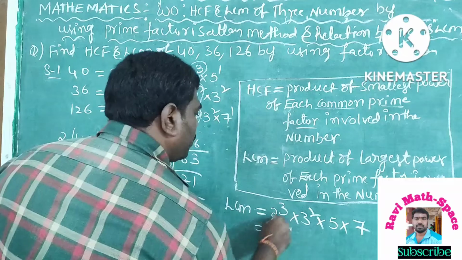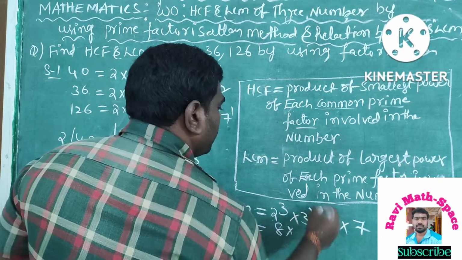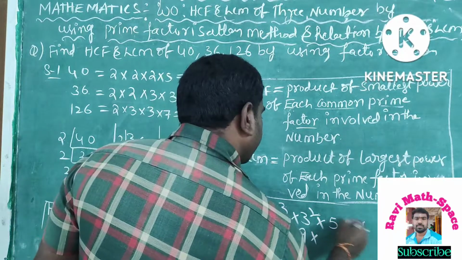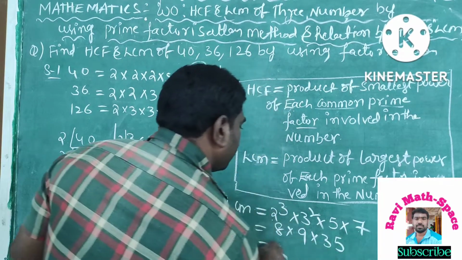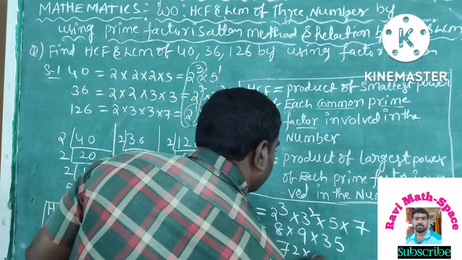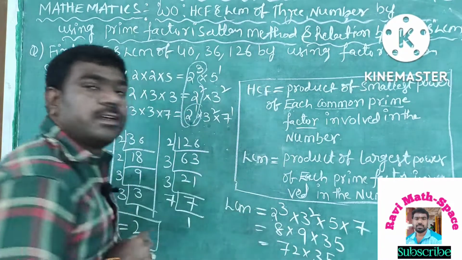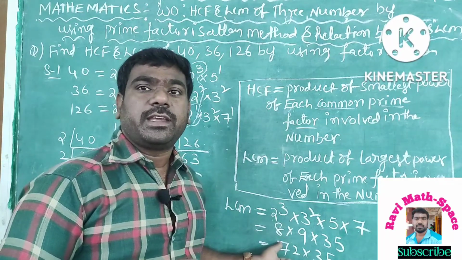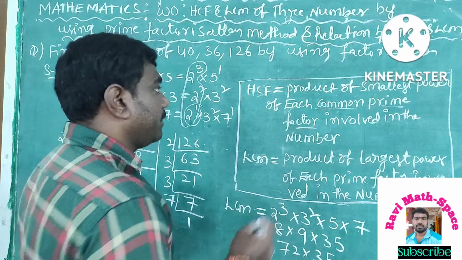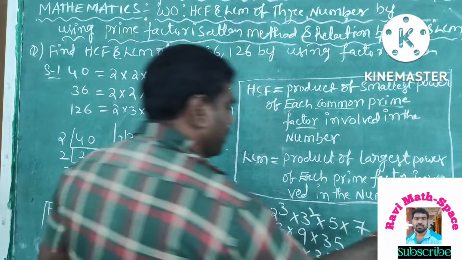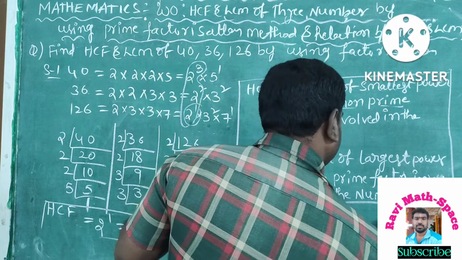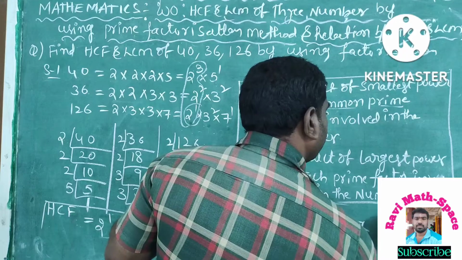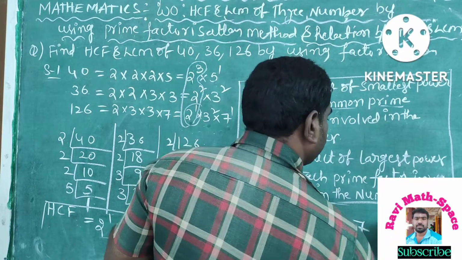Now simplify this. 2 cube is equal to 8. Now 3 square is equal to 9. 7 times 5 is 35. 9 times 8 is 72, so 72 into 35. Now multiply this. What are we going to get? 72 into 35. 5 2s are 10, 5 7s are 35, 36.